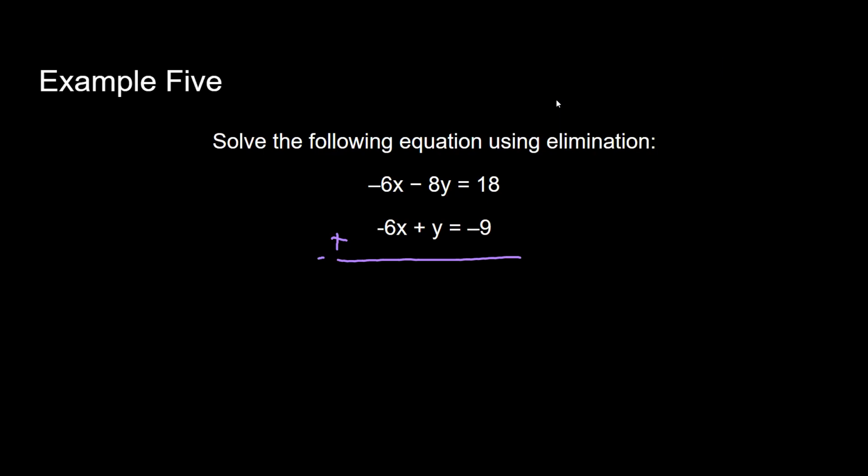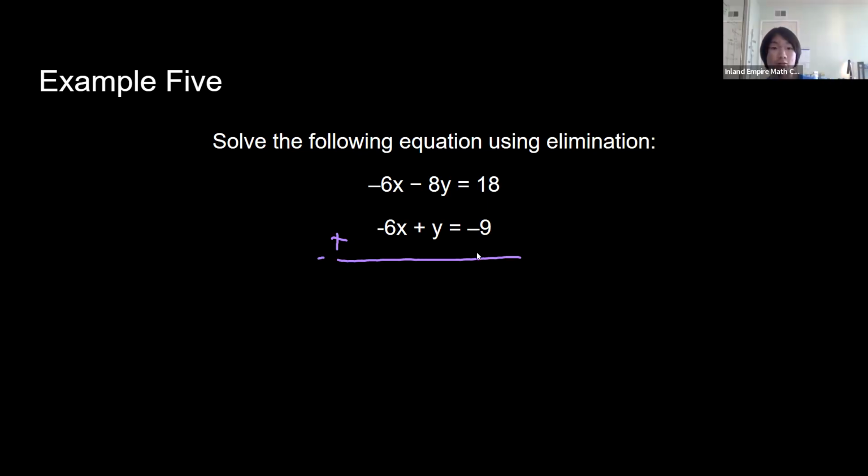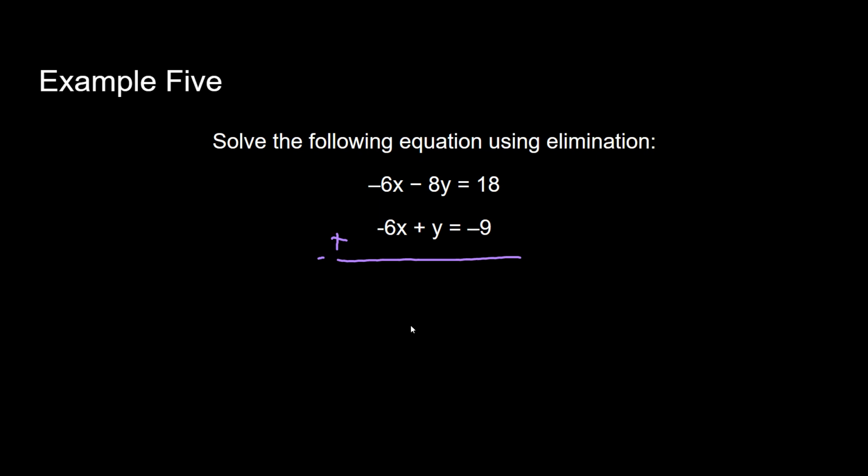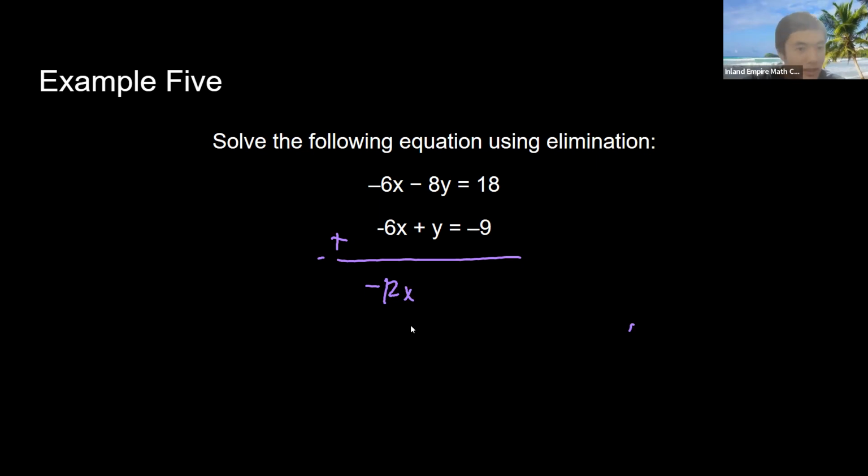Are they both negative sixes? Yeah, they're both negative. So then would it be negative 12x, and then minus 8y, but then we plus the y, so it would be minus 7y, right?